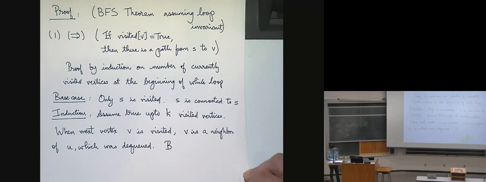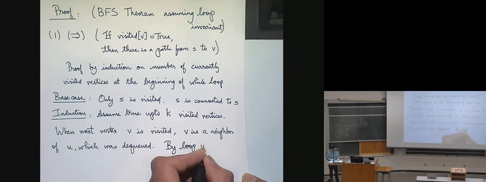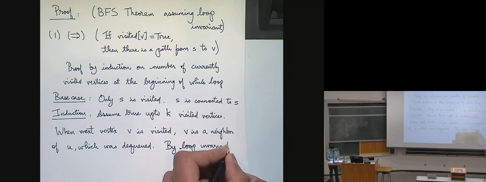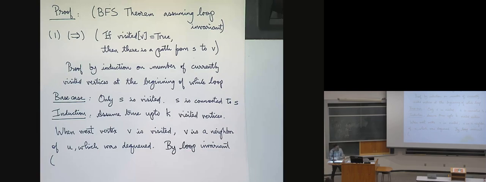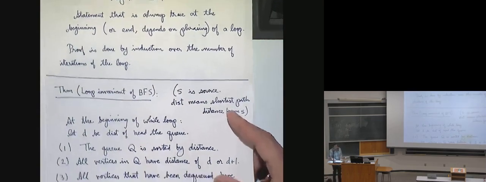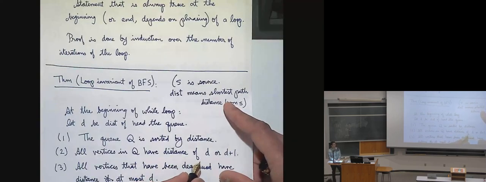So we know by the loop invariant property 2, all vertices in the queue have a distance of d or d plus 1.